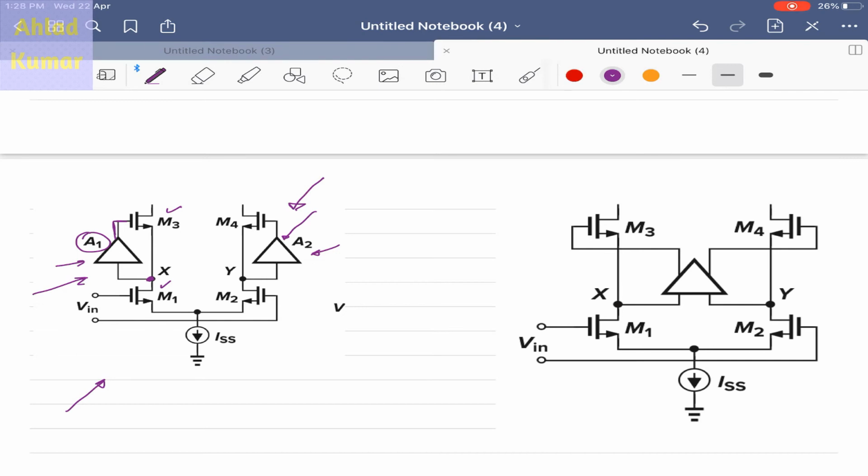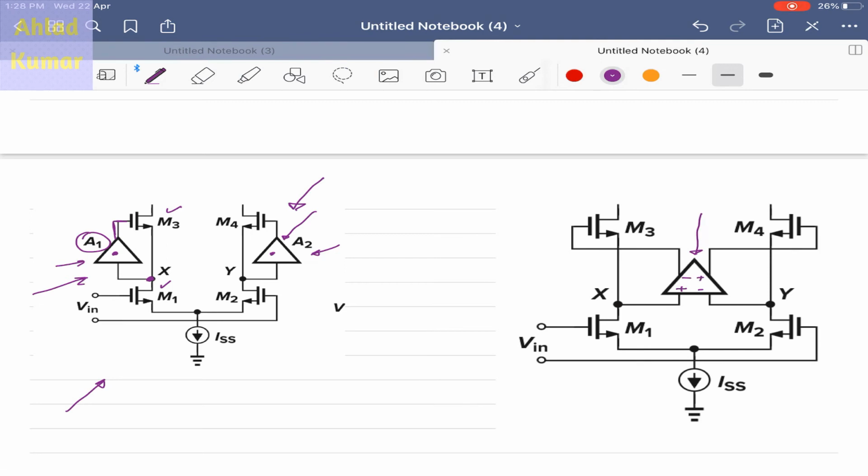One thing to note here is that you can replace these two amplifiers, A1 and A2, by using a single fully differential amplifier. We will discuss fully differential amplifiers later also, but I gave you a slight introduction to them in our first lecture. This fully differential amplifier takes two inputs, plus and minus, and generates two outputs, minus and plus.